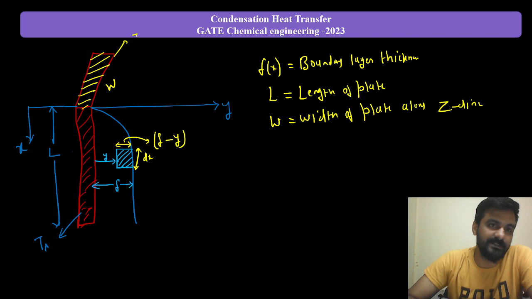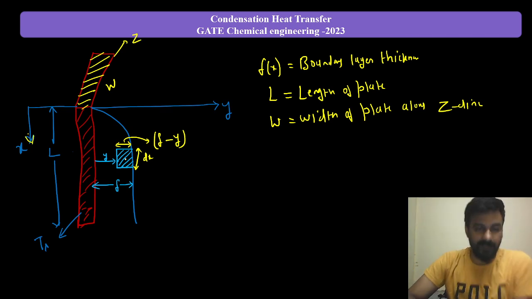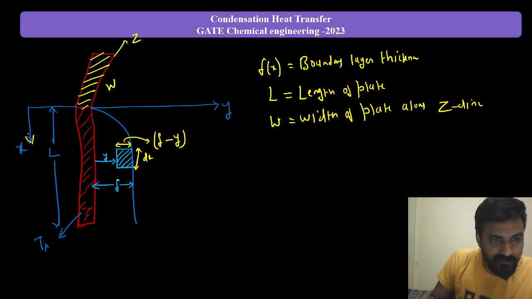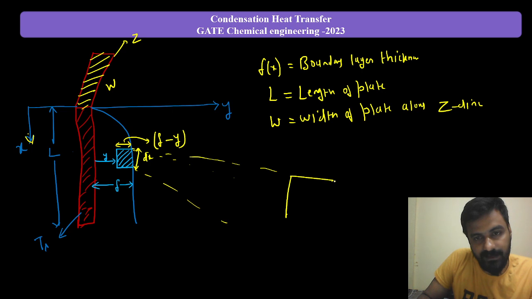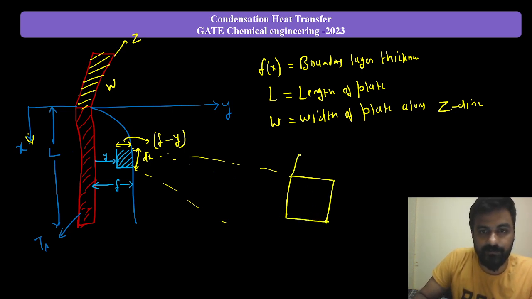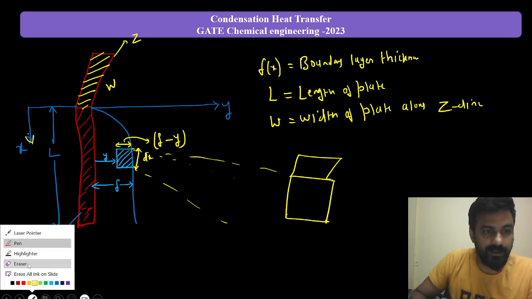If I assume this is the Z direction, this is the Y direction, and this is the X direction, right? So if I project this particular area over here, it will look like that. Try to understand.